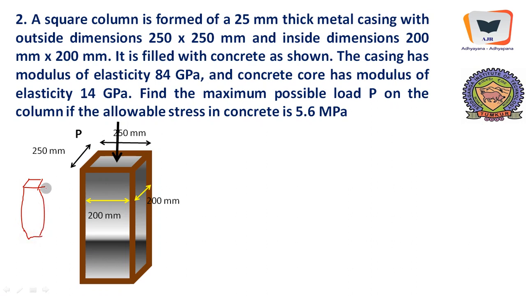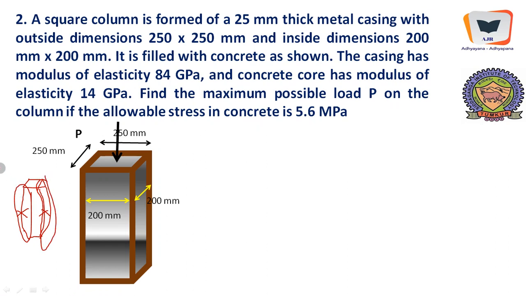So when it happens, due to applied loading, there will be tension here. In this surface there is tension, or this particular zone is subjected to tension, so also this particular zone, leaving behind the core which will be in compression.